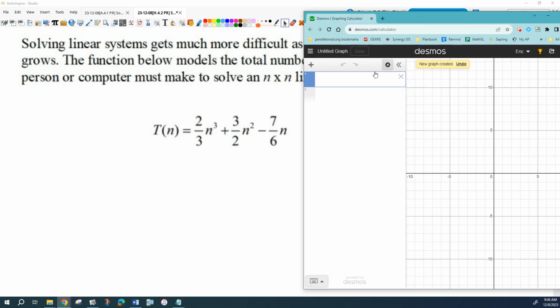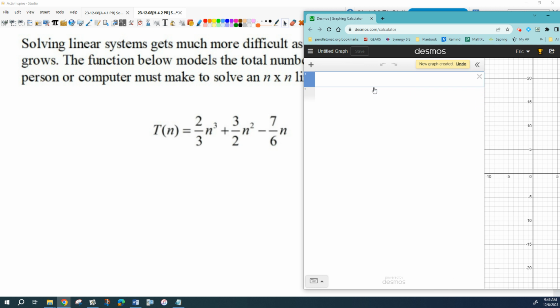Like if I just take this expression, let's enter a function here. So t of n is equal to 2/3 n cubed plus 3/2 n squared minus 7/6 n.